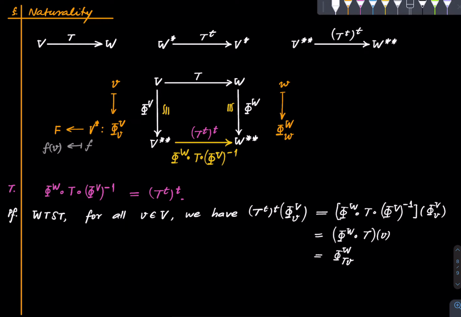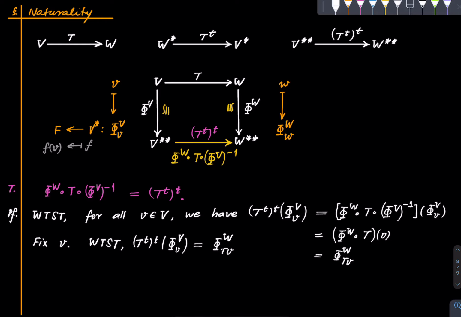So now our aim is to show that, fix v. By the above working, we want to show that T transpose phi super V sub V equals phi W of TV.